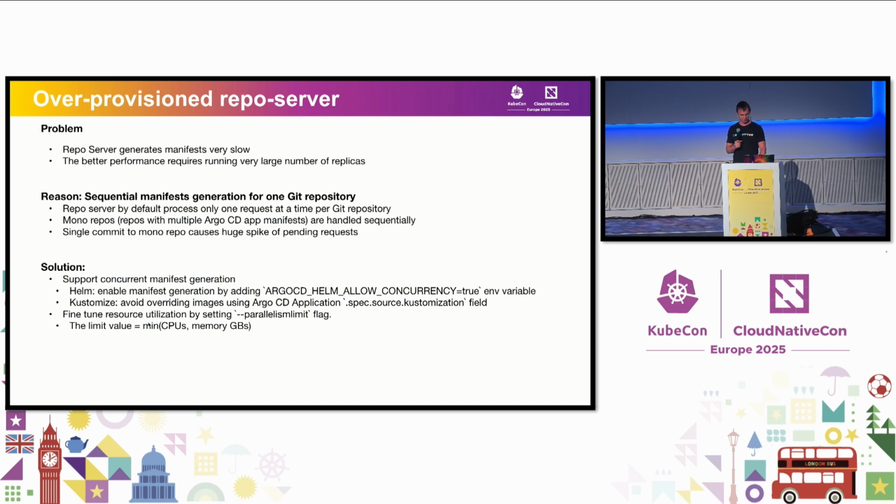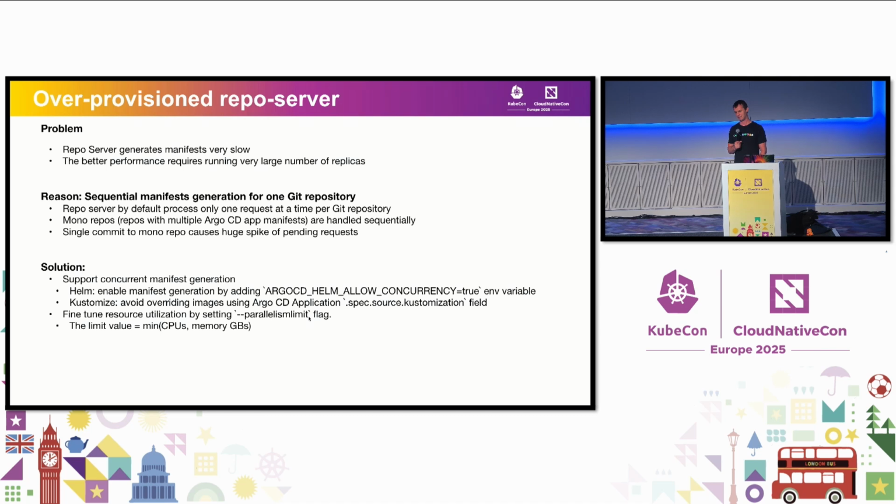The last suggestion here is that once you enable parallel generation, you can use the parallelism limit flag available in repo server to control how many manifest generations you want to run in parallel. There is a very simple rule for what value to supply.